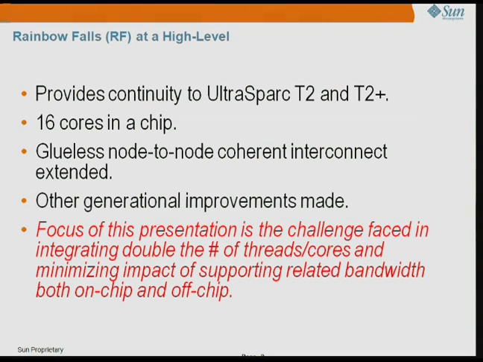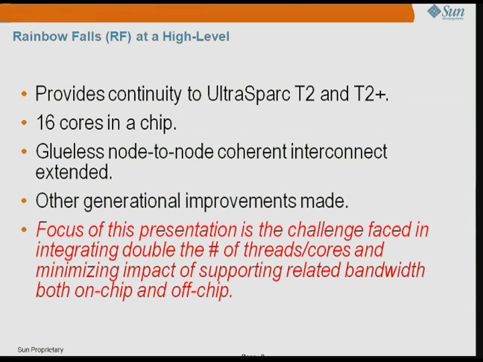So once again, I'd like to emphasize that RF is the first in implementing 16 cores in a chip, and it's not really for advertising purposes, but just to emphasize that this was a significant design challenge.